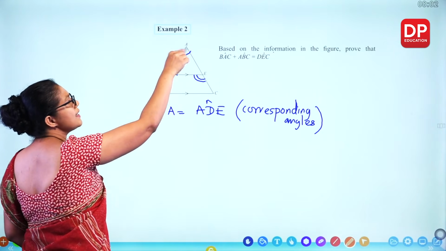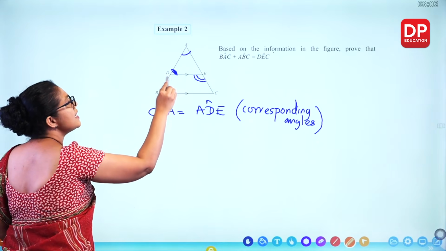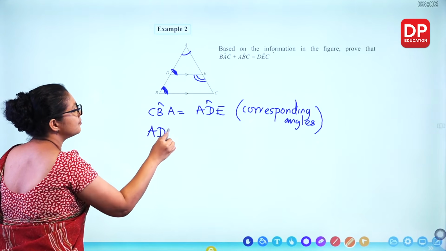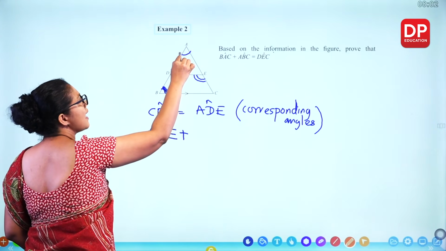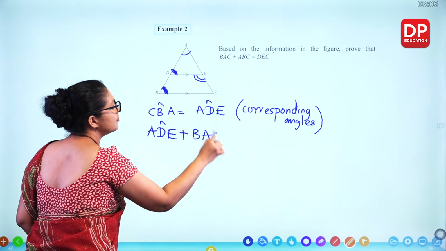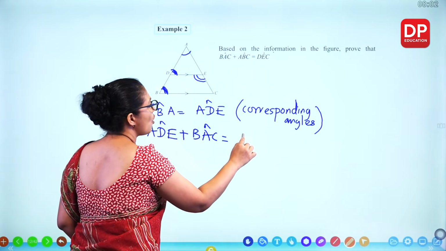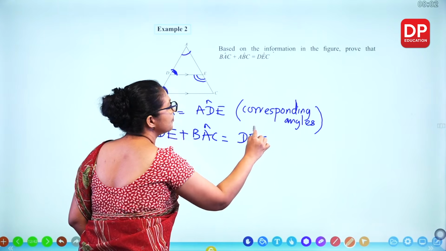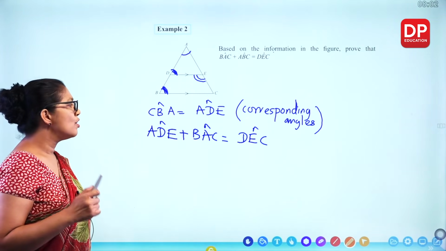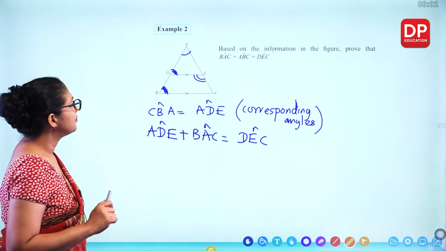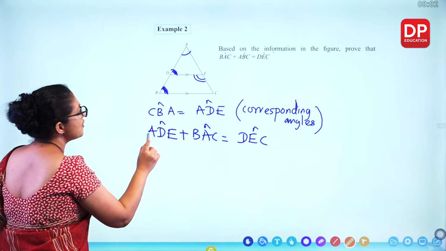Now we can see, look at this triangle, ADE triangle. I can write ADE angle plus BAC angle is equal to CED angle or DEC angle, because the sum of opposite interior angles add up to the exterior angle. Then what can I say about this angle?